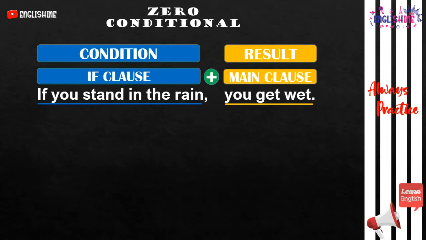There is a comma after the if clause when the if clause is at the beginning. A comma is necessary between the two clauses. So, we have seen the order of if clause, comma, main clause, which is the condition plus result.